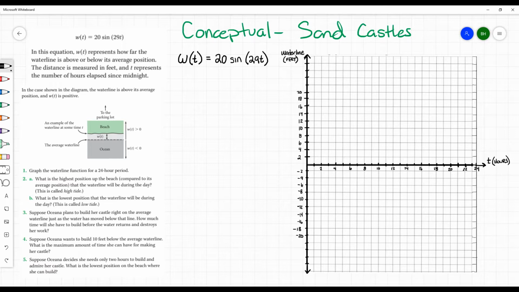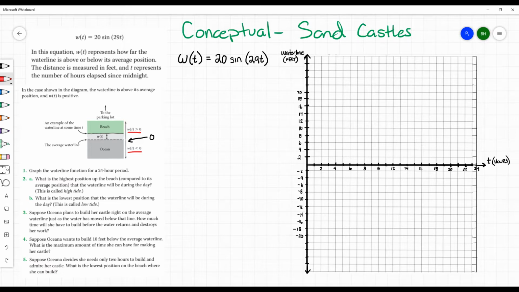In this diagram, it shows you an average water line, which we will consider a value of 0, represented here on the graph. We'll call that our x-axis. Anything below that is negative footage compared to that average line, and anything above that is positive footage.